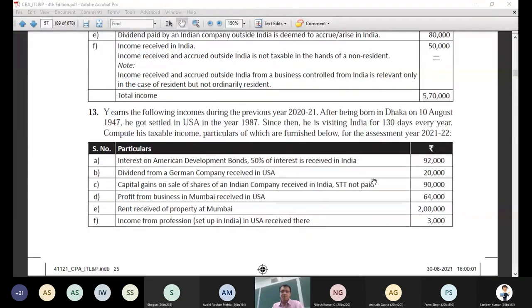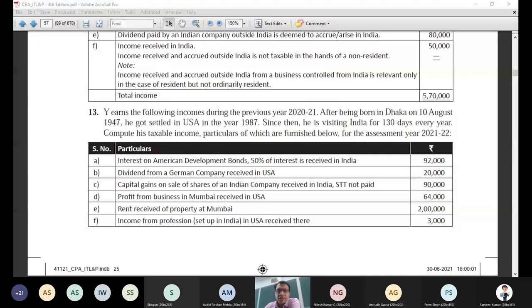Is the screen visible? Yes, sir. You take the screenshot of this table. In this question, we have to determine the residential status also, but that I will not discuss. I will discuss only the tax treatment of different incomes. You take the screenshot of this point A, B, C, D, E, F. And if you have taken the screenshot, please raise your hand so that I can proceed.